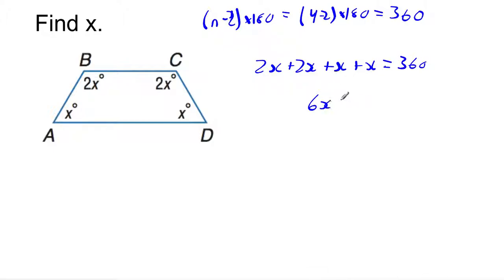So 6x is equal to 360, or x is equal to 60. So maybe not too difficult right now for a quadrilateral, but I could give you a problem where you have 20 sides and you have to do 20 minus 2 times 180 and add up those angles. So make sure you're thinking about this logically, and please review these notes, know this formula as you go through these problems.